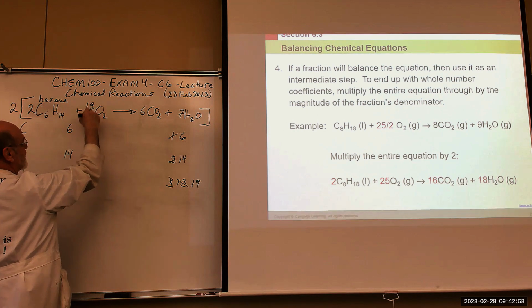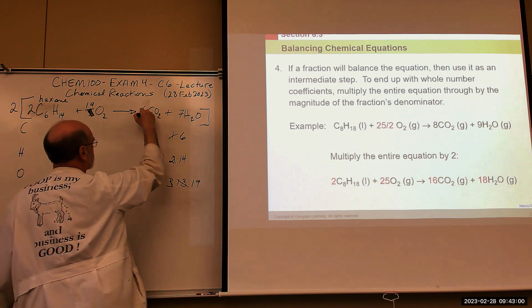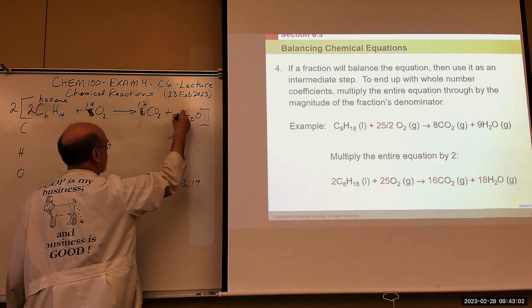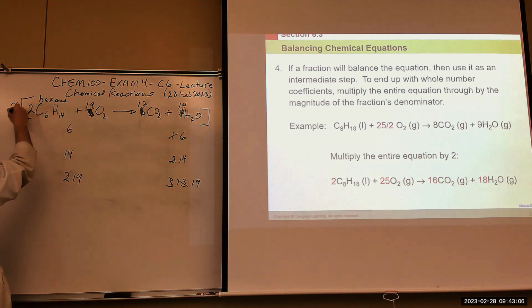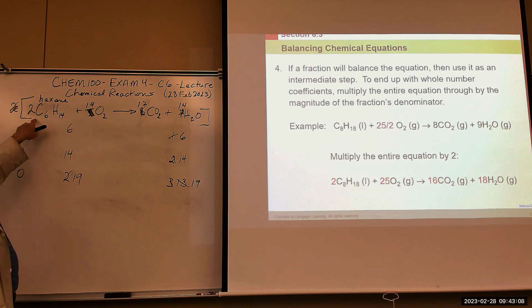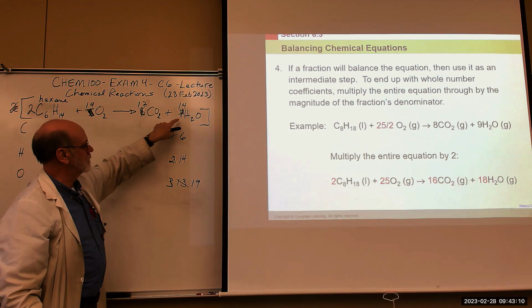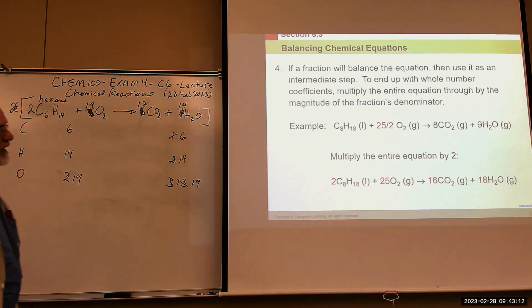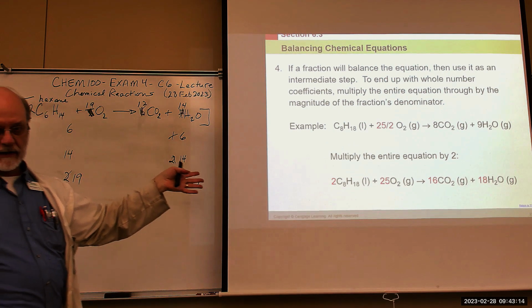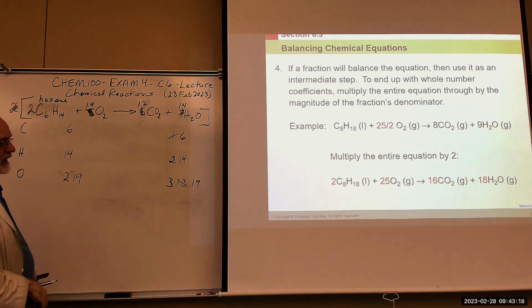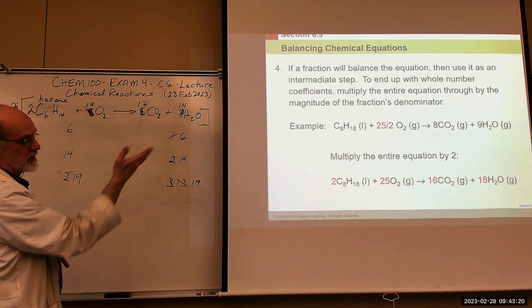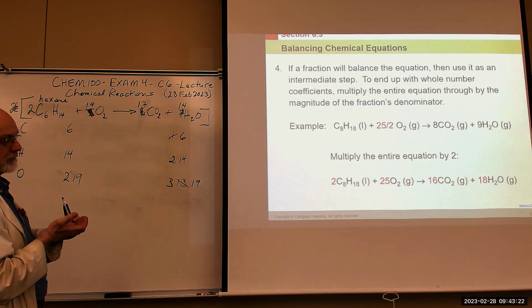We've got a 19 there. We've got a 12 here. And we've got a 14 here. So the ratio now is 2, 19, 12, 14. That's the fraction trick. And that same method was used for this example as well.